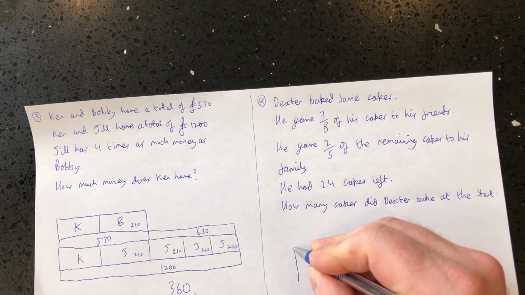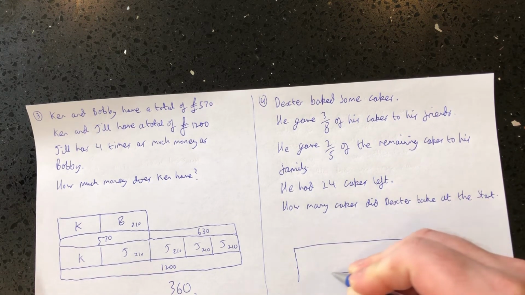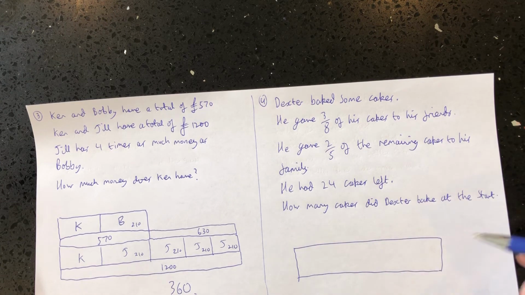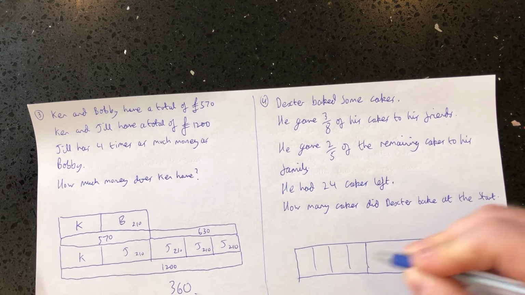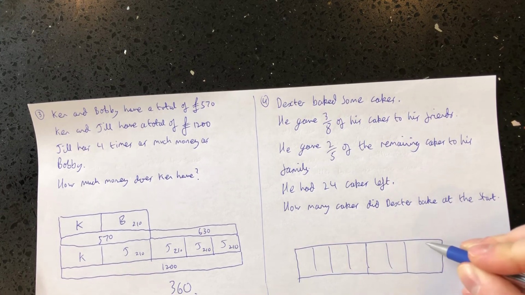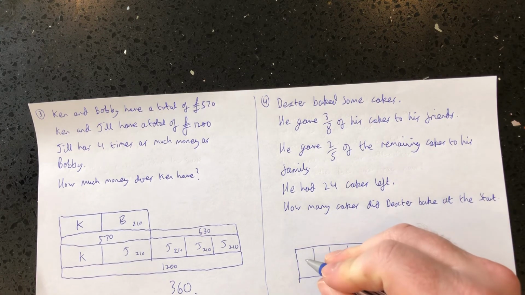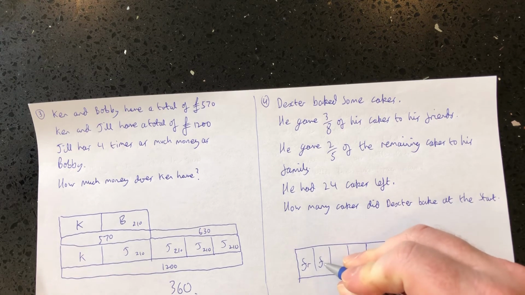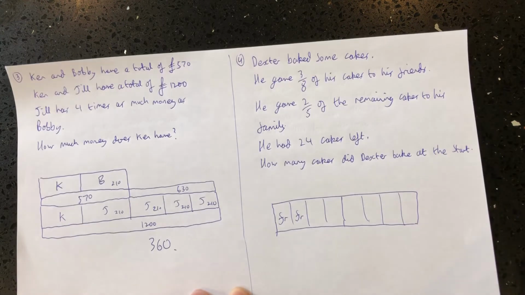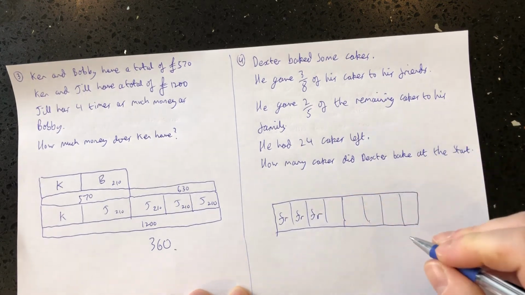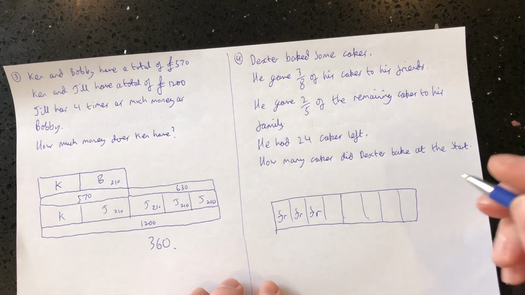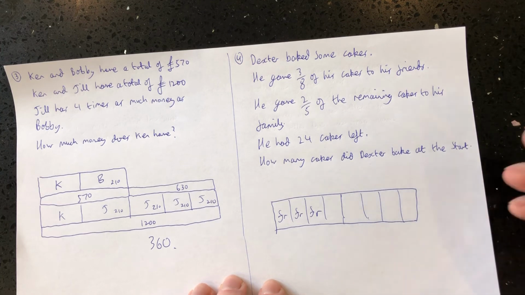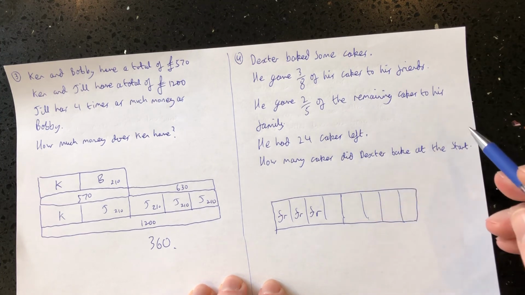So, draw a bar. Hopefully getting the idea now. He gives 3/8 of his cakes to his friends. So I'm going to split this into 8. So he gave 3/8 to his friends. So 2/5 of the remaining cakes to his family.